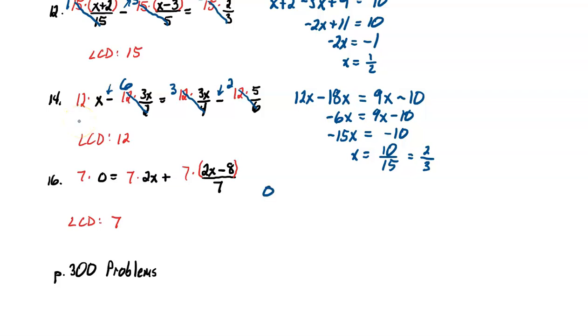Seven times 0 is 0. 7 times 2x is 14x. 7 on top, 7 on the bottom, cancels away to 1, so we just have the binomial 2x minus 8. Add the 8 to the left side. Combine like terms. Now divide both sides by 16. We'll get 8 over 16, which reduces to a half.